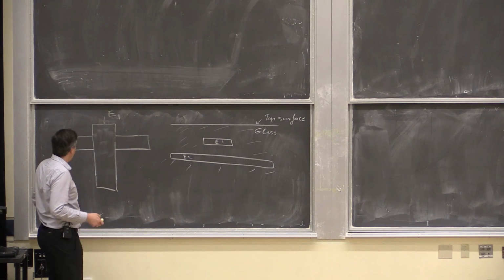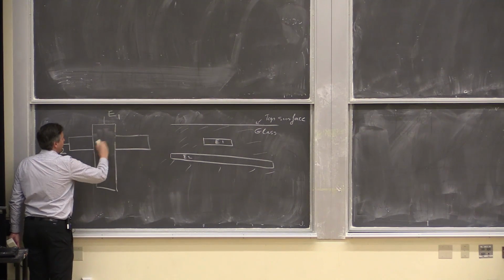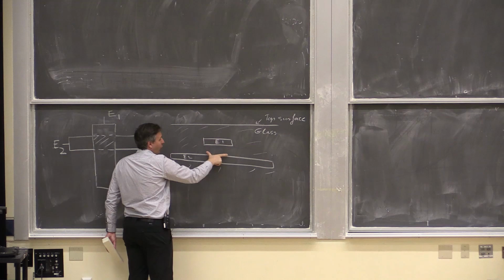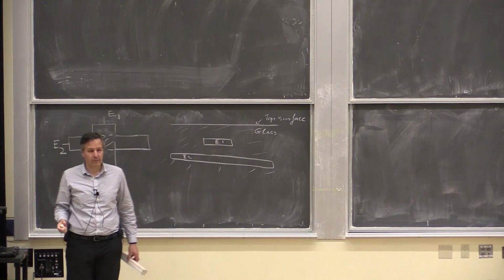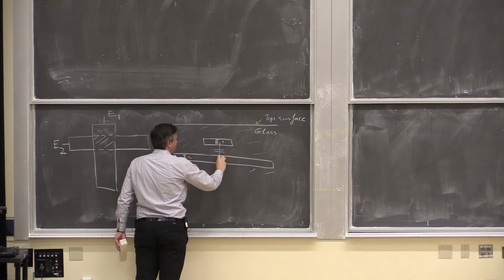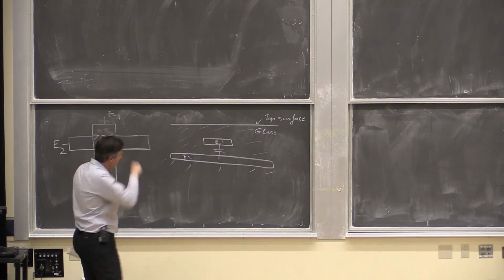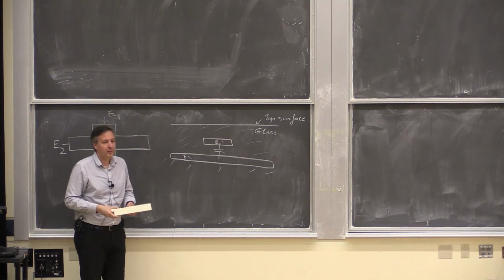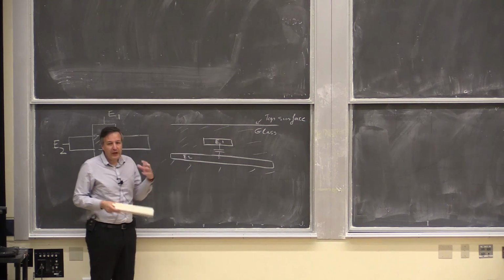And so if you take a look at this section over here, that's essentially this overlap area between electrode 1 and electrode 2, right? So I can expect to have some capacitance here.